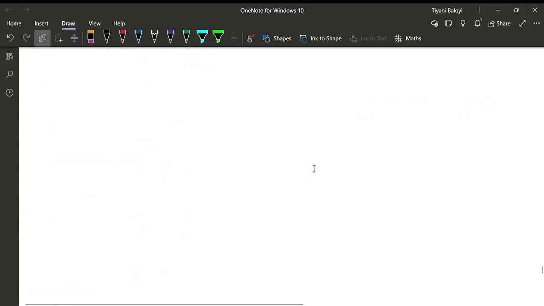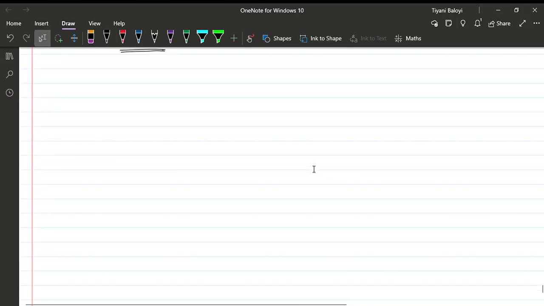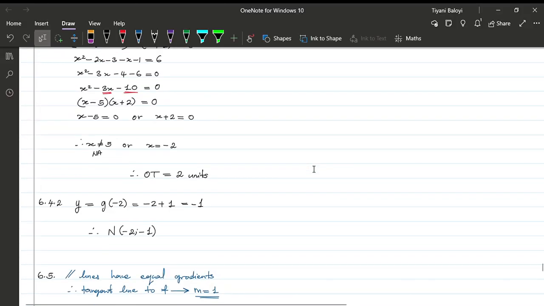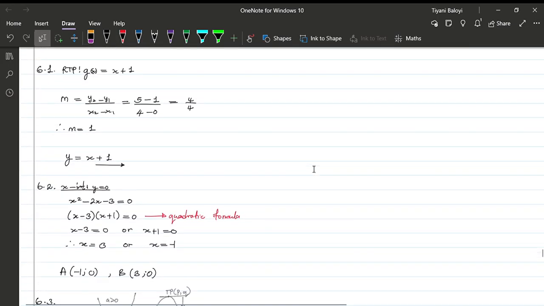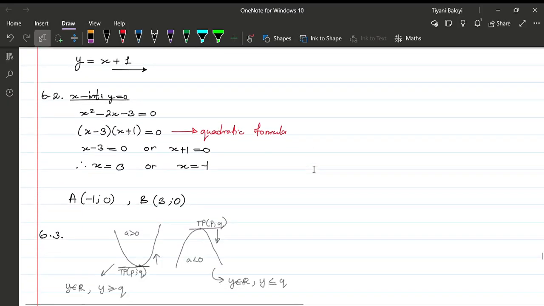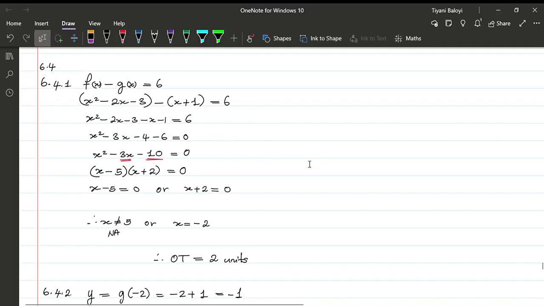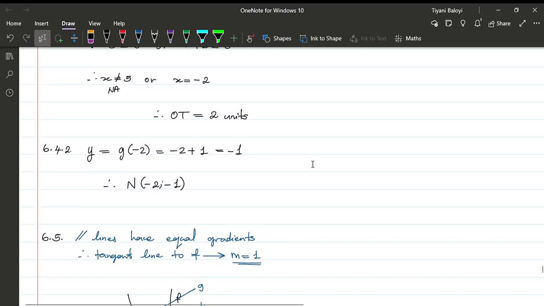I've already used a lot of time, so I won't revisit what we did, but we did something like this. Let me see which one was one of the most difficult ones. I think one of the most difficult questions here is 6.4, so pay close attention.